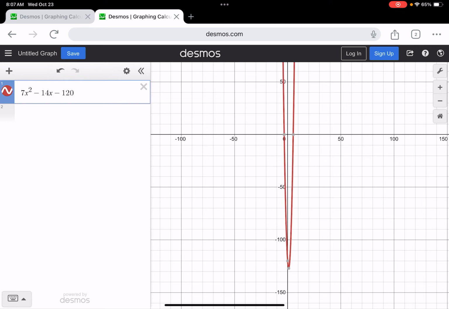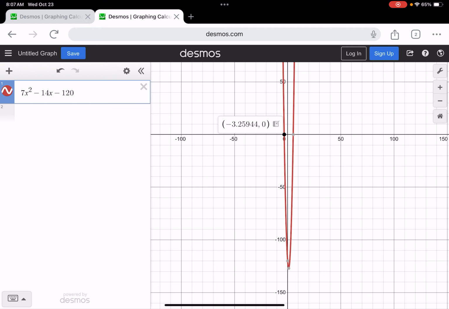Let's see if we put our little pointer there. Oh, we could see that one x value is negative 3.26. That's interesting. I graphed this wrong. We went 7x squared minus 14x minus 120.